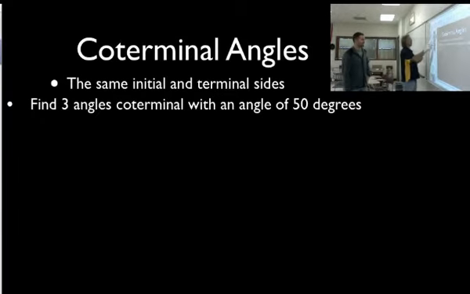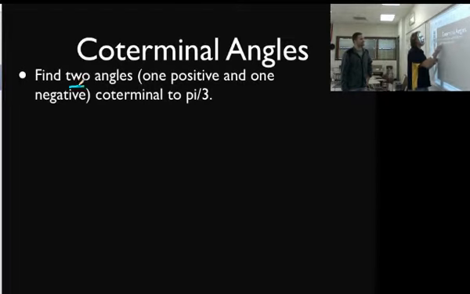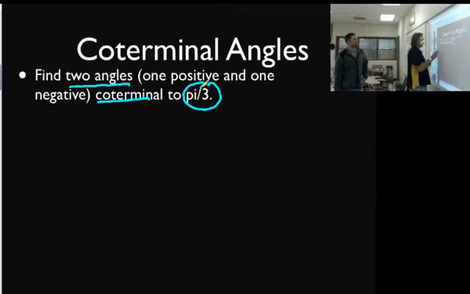But then the textbook starts asking you questions about this, and what they'll say is, find two angles that are coterminal, and this time the angle is given in radians. So there are two ways to do this one. I will do it the way my students think is harder, and then you take it from there.